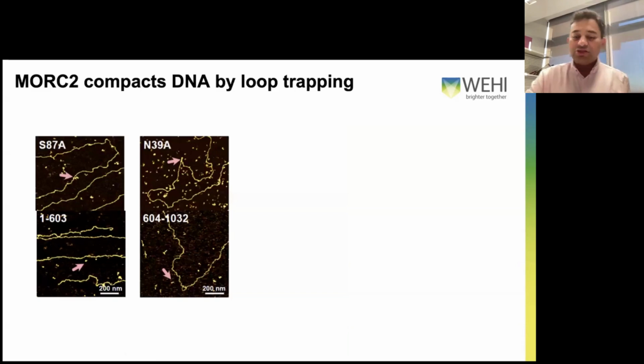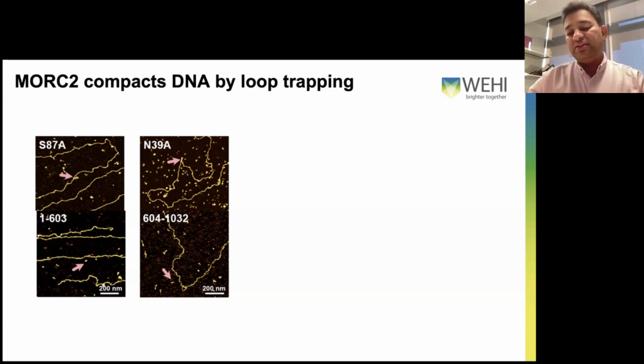Okay, so to prove which mechanism MORC2 is using, we again took help of atomic force microscopy. If you look at these images, these are the different mutants: the S87A, N39A, the ATPase domain, and the C-terminal domain. The things you see in yellow are the DNA, and those little dots I have marked with the pink arrow are the MORC2 molecules.